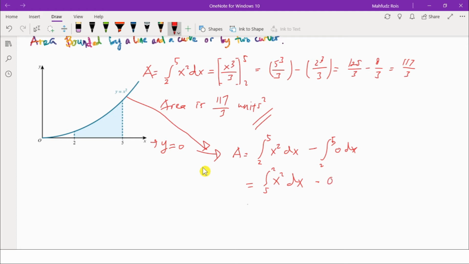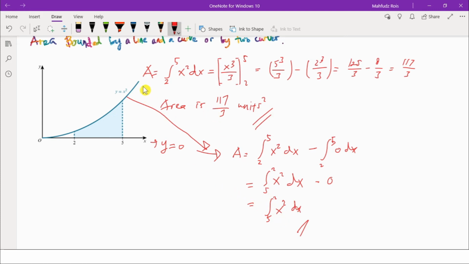Now that's why, for this area under a curve, you only need to find this value, because the second boundary is y equals 0. If you integrate it, it will be 0. All right, that's why we just keep it like this.